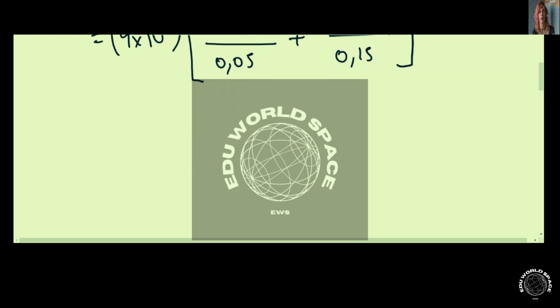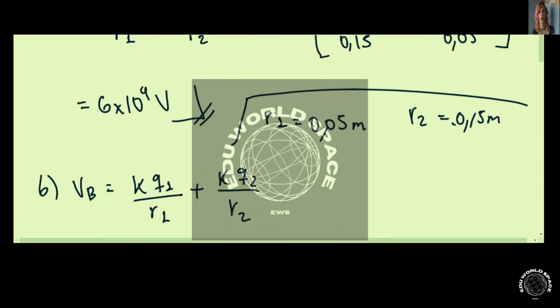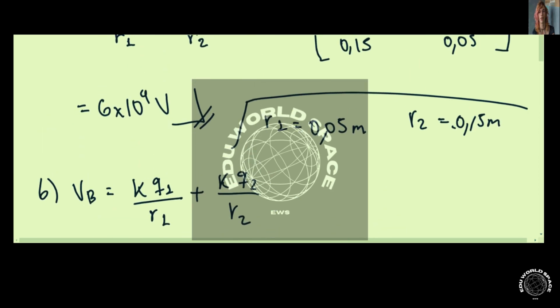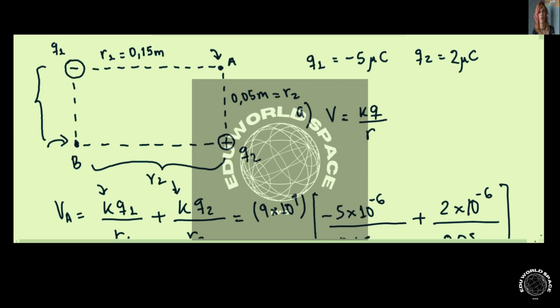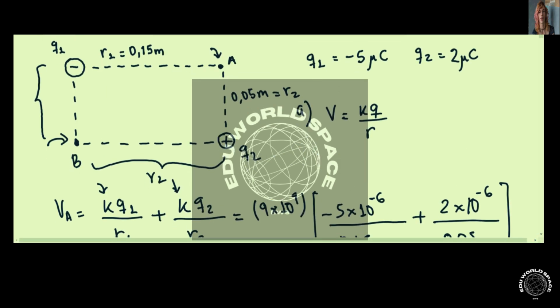When we put all these values into the calculator, we obtain minus 7.8 times 10 to the 5 volts. So this is the electric potential at point B of this rectangle.